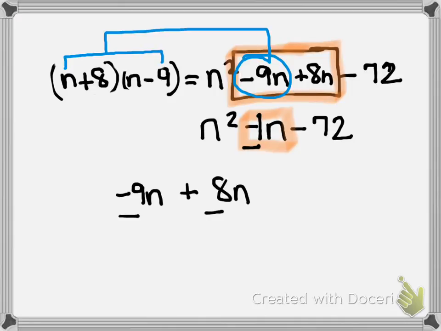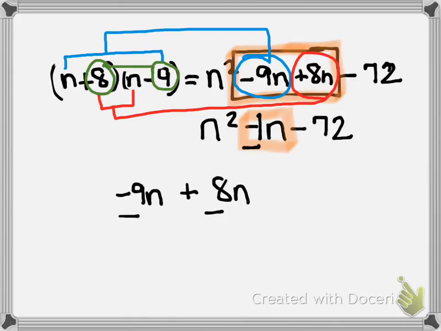And then the positive 8n came from when we multiplied these two inside terms together, and it gave us that one. Well, if you look at this even closer, when we multiplied the last two terms together, that's where we got our constant.